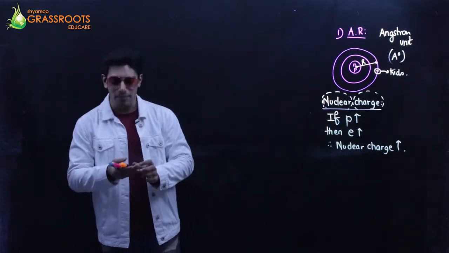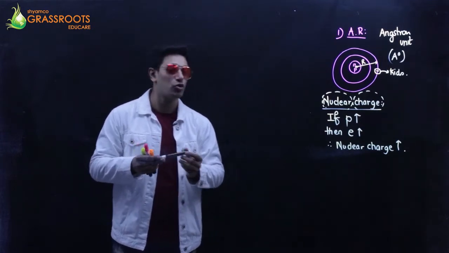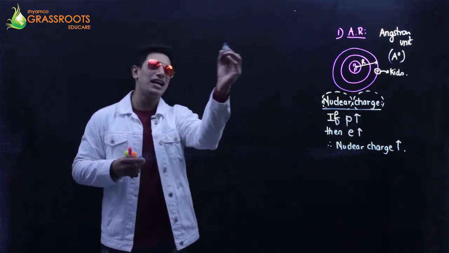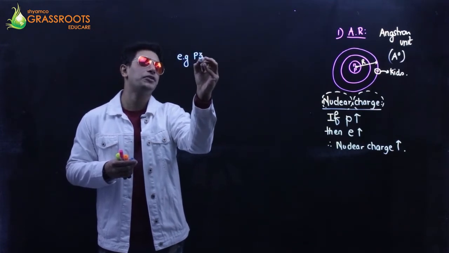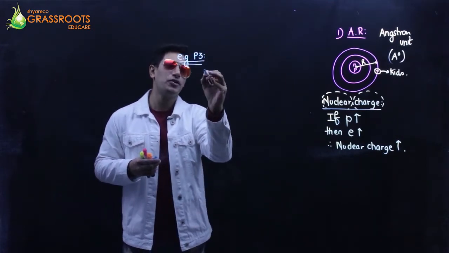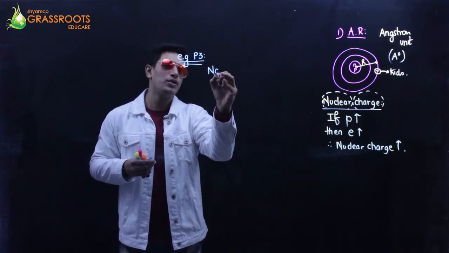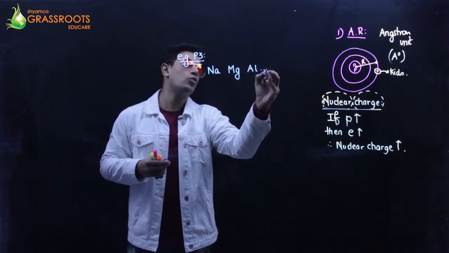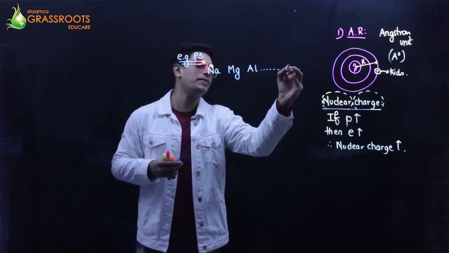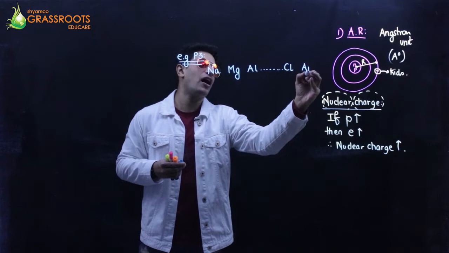Right? So let's study the nature of atomic radius across the period and down the group. I told you I'm going to take an example of the third period. So in the third period, we start our game. We have sodium, magnesium, aluminium, and it goes on. The second last element is chlorine, and then we have argon.